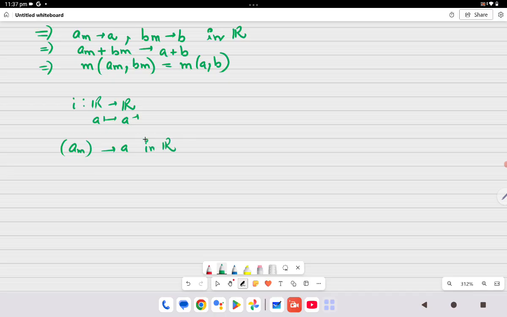What do I have to prove? Here a inverse, because R is with respect to addition, so I should be writing minus a instead of a inverse. So I basically want to show that this minus a_m sequence converges to minus a, and that follows from the results that we have studied in real analysis. So that means i(a_m) converges to i(a).